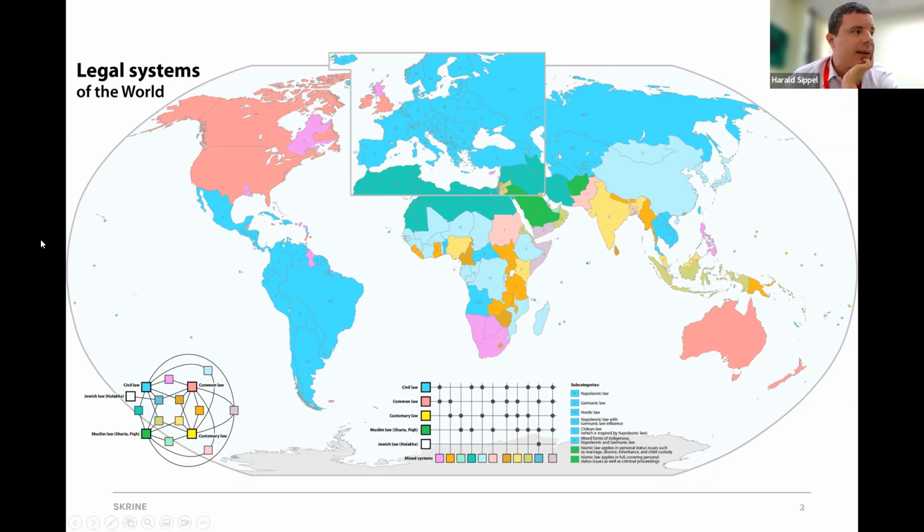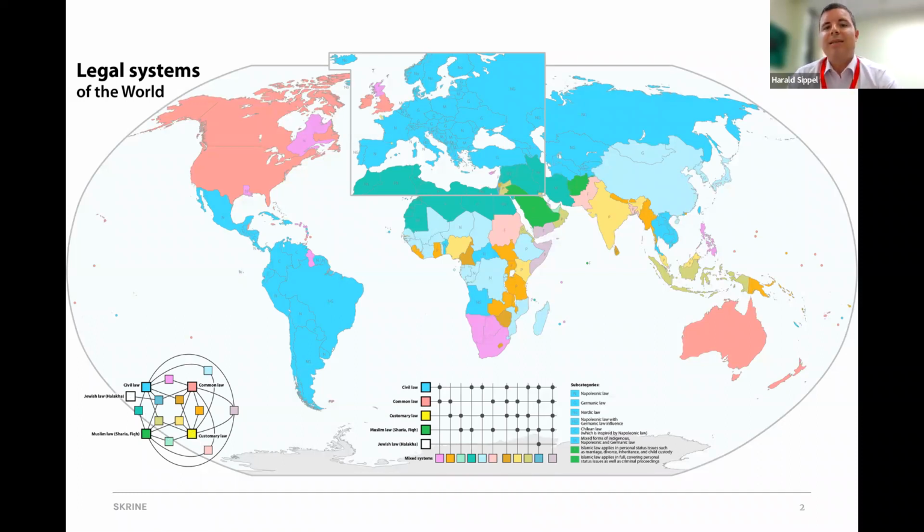On the left bottom, you can see that according to this model, there are 5 main types of systems. It's civil law, common law, Muslim law or Islamic law, customary law, and Jewish law.